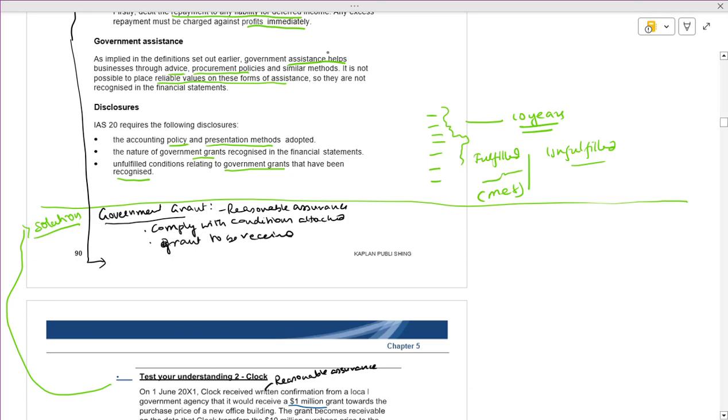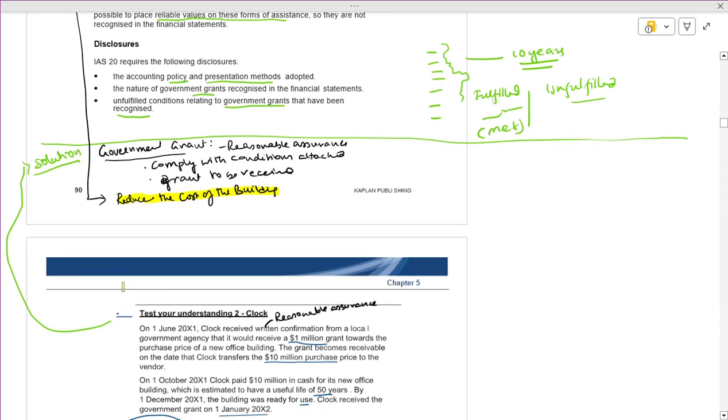Now reduce the cost of the building. How much is the building cost? The building cost is 10 million.